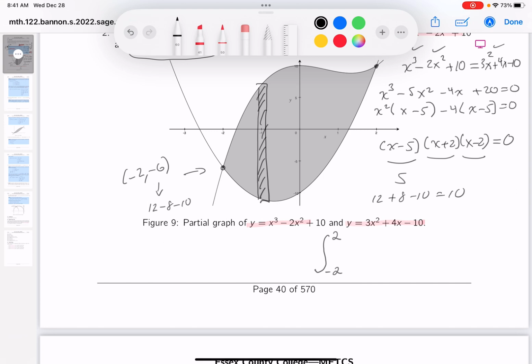The upper curve is the cubic curve. So that's going to be x cubed minus 2x squared plus 10 minus the quadratic curve. That's the lower curve, by the way. Plus 4x minus 10, and the differential again is dx.